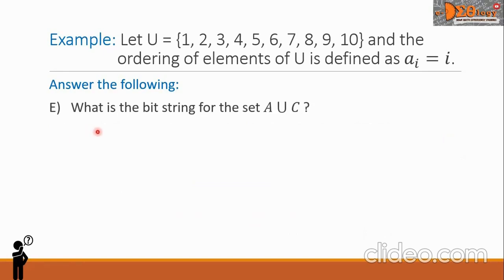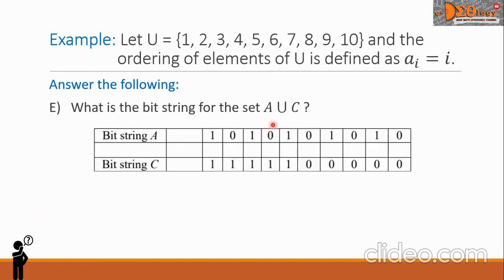Letter E. What is the bit string for the set A union C? Here are the bit strings of A and C respectively. For the union, remember that this is the same as the OR operation.